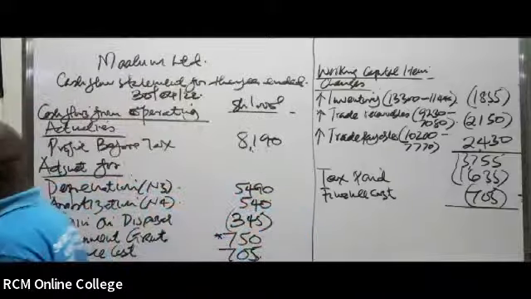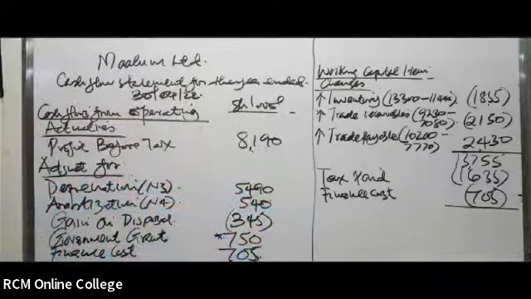So we have 8190 plus 5490 plus 540 minus 345.